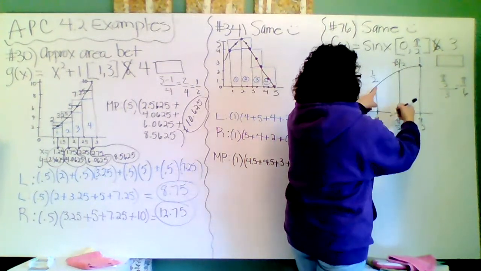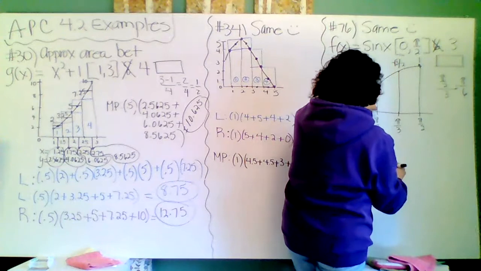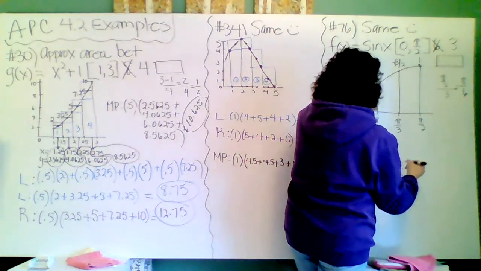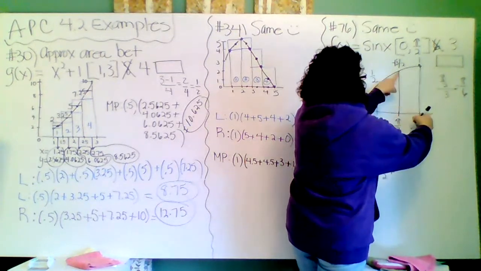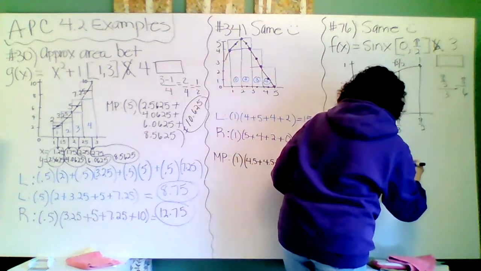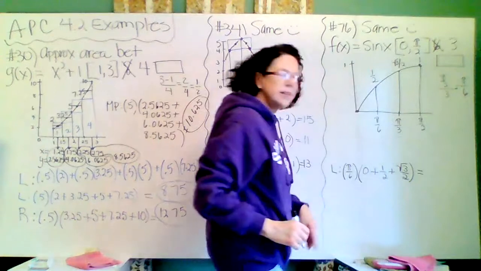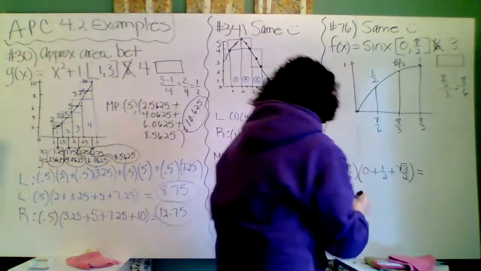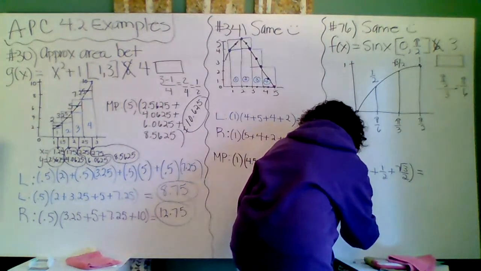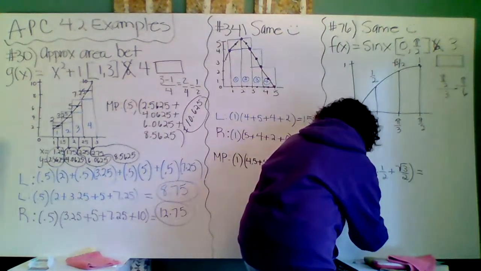Second rectangle, I'm picking from the left. Third rectangle, I'm picking from the left. Okay, so we'll get that value in a second, pi over 6.